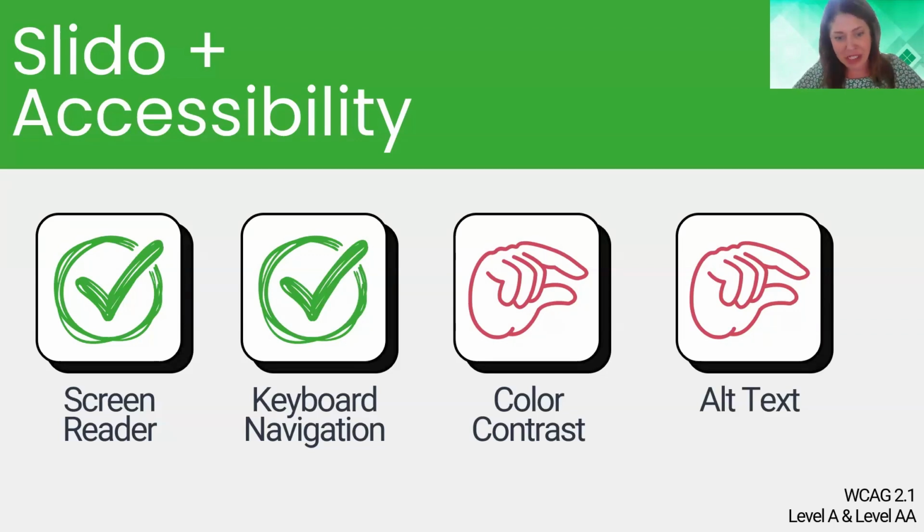As for keyboard navigation, that's a user who's using their keyboard instead of their mouse to navigate the system. The primary functionalities, such as joining a Slido and responding to questions, are accessible while using a desktop or a laptop. So that might be something we recommend to our students, maybe they don't want to use their phone, right?